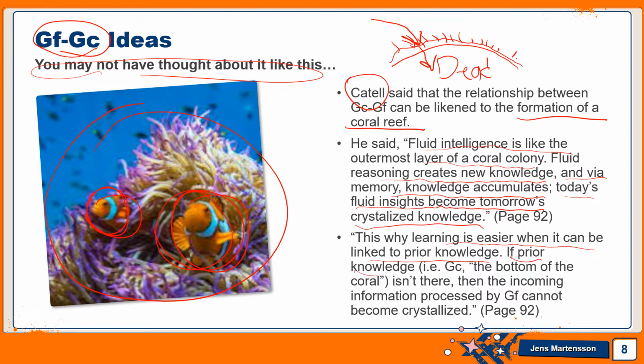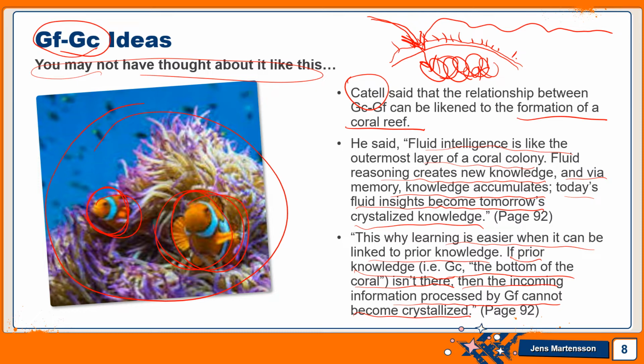If prior knowledge, in other words GC, the bottom of the coral, isn't there, then the incoming information processed by GF cannot become crystallized. So if this part is not there, then the incoming information is just going to bounce off and float off into the ocean, and it's not really going to stick. You've got to have previously learned information, right? And it's going to link on and crystallize into GC.